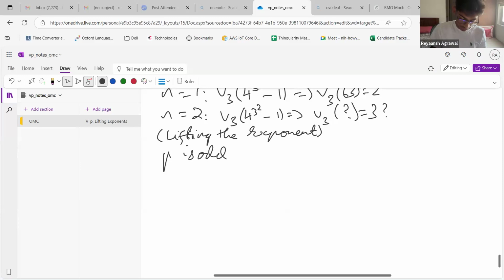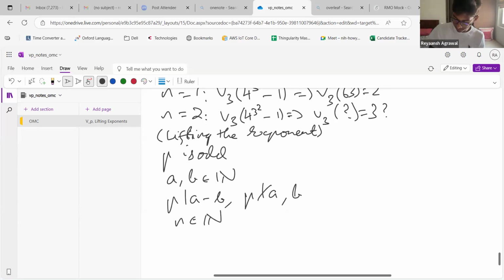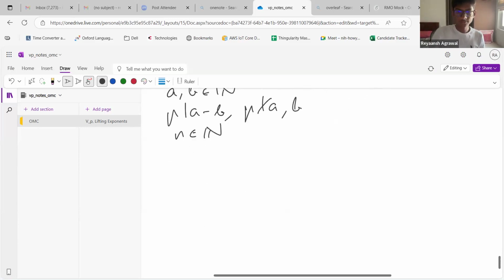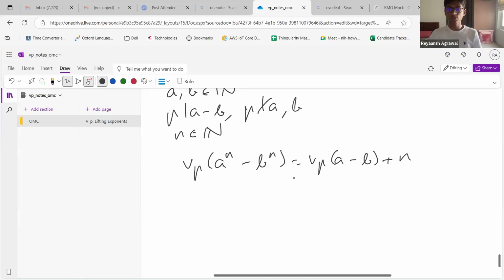If p is odd, given a and b in naturals such that p divides a minus b and p does not divide a or b, and you have a natural number n, then we have vp of a power n minus b power n is equal to vp of a minus b plus vp of n.